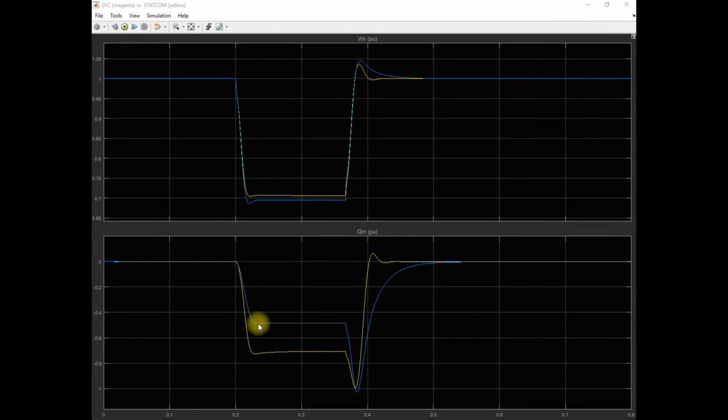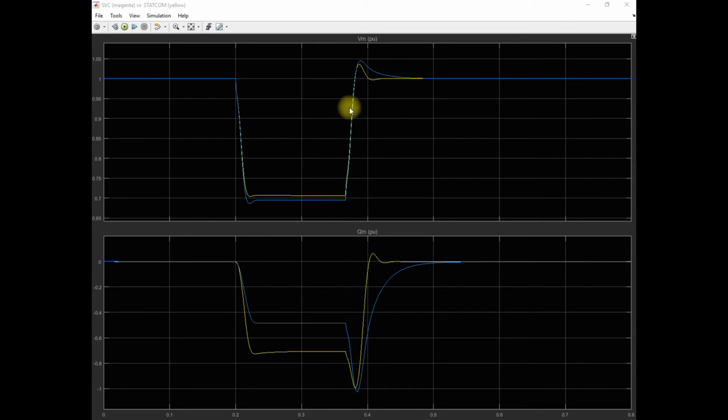So if you compare the reactive power injection and voltage regulation, you find that the STATCOM provides better voltage regulation as compared to the SVC. And you can also observe in the voltage waveform that during the fault, the voltage reduction in the STATCOM power system stays above 0.7 per unit, but in the SVC the voltage level decreases below 0.7.